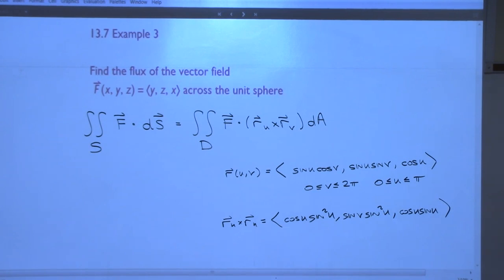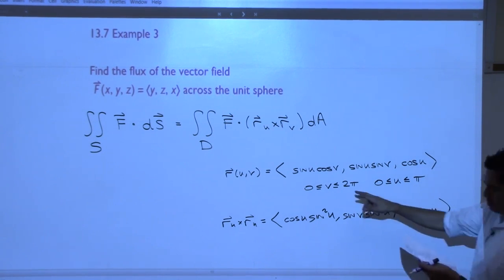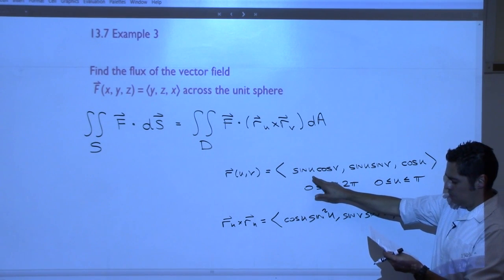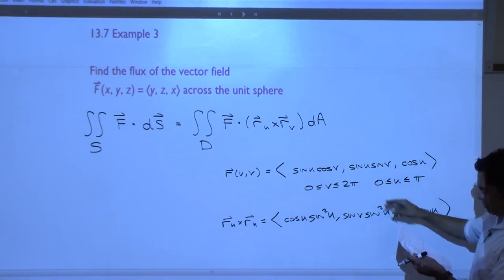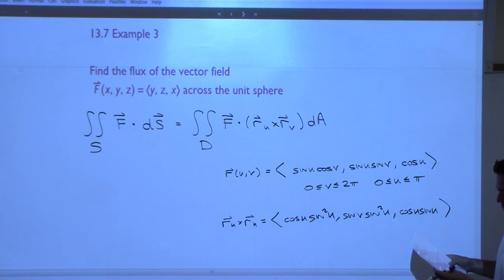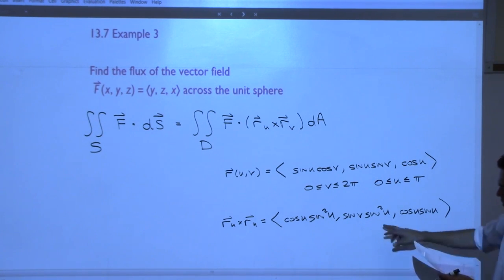I thought it was cosine of v sine squared u. Oh, okay. See, this is where I knew we would run into a problem. Hold on. Cosine v sine. And then it was sine squared.